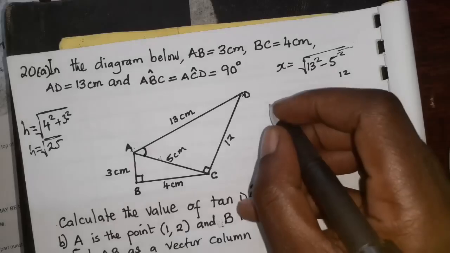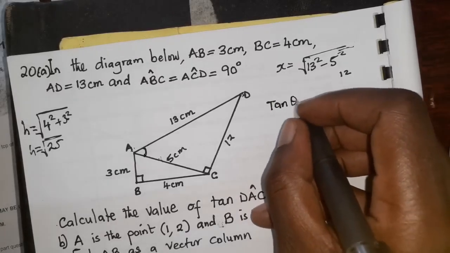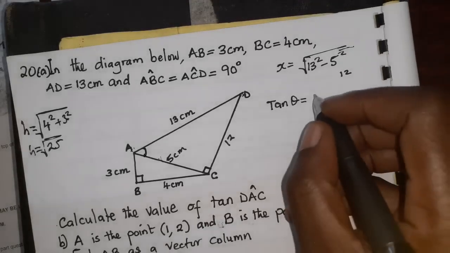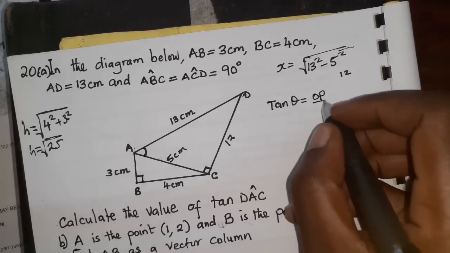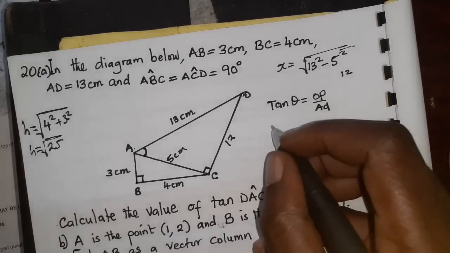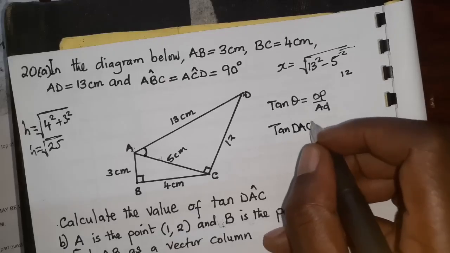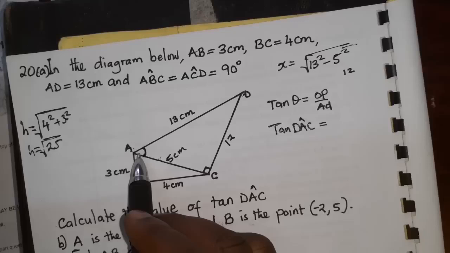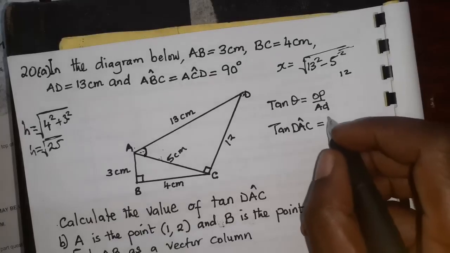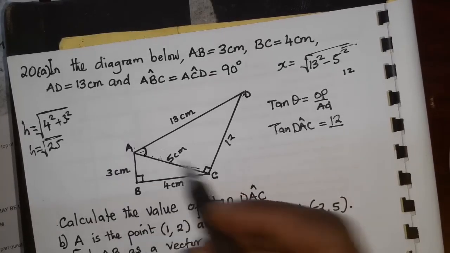The most important thing for us is first of all to know that tan theta is equal to opposite over adjacent. So tan DAC is equal to the opposite. What is the opposite to this side? The opposite is 12, over the adjacent. The adjacent is 5, this side.